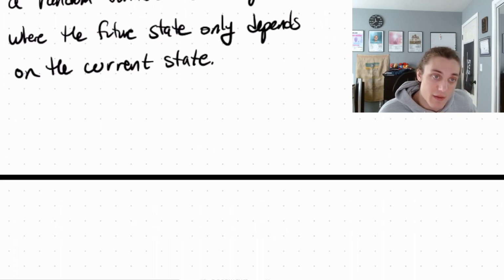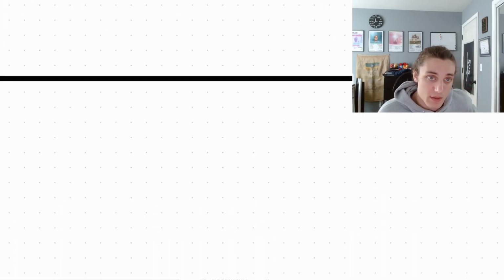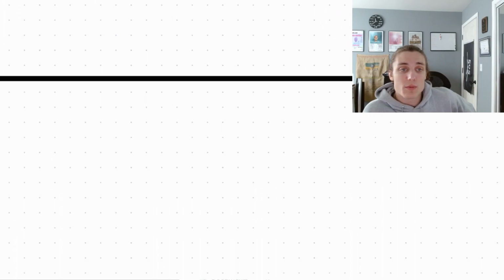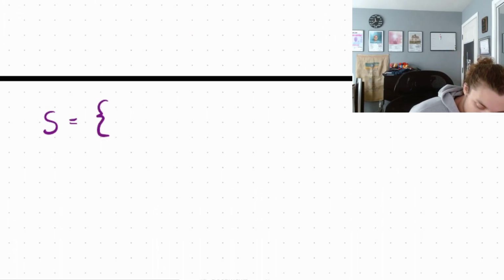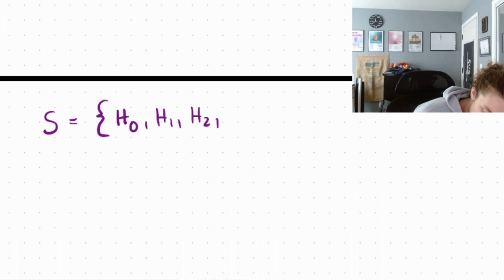Chains are generally defined in terms of states. So what states would we be interested in modeling this particular Markov chain with? Well, we're interested in a series of heads. So my state space for this Markov chain is going to be H0, H1, H2, and H3.